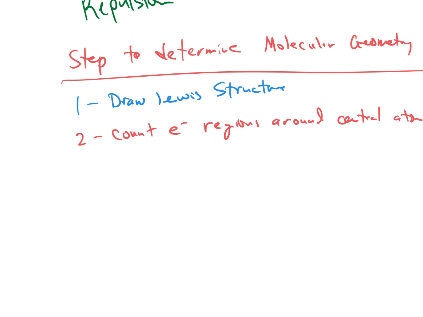And then step 3 is we need to count the number of lone pairs of electrons and also the number of bonded atoms.